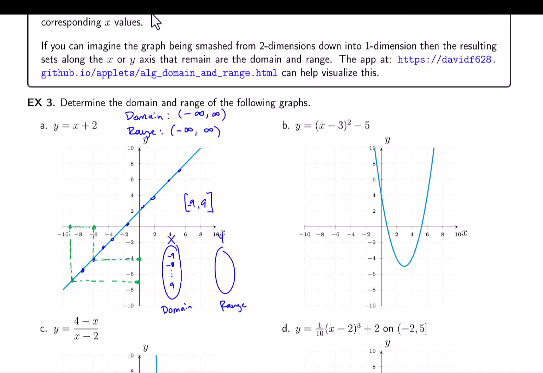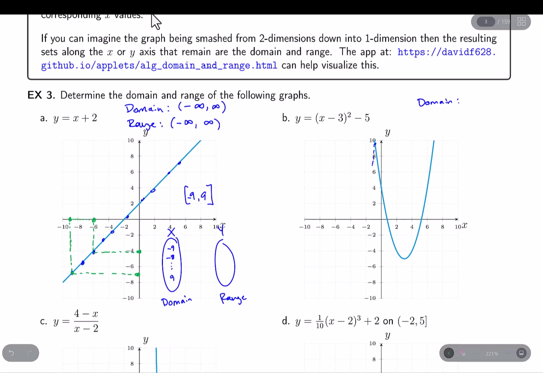All right, so now I have y equals (x minus 3) quantity squared minus 5, which I've already graphed for you. The domain here, if we think about it in the same way, is the image of the graph when I smash it up against the x-axis. So all of these points here have some image onto the x-axis.